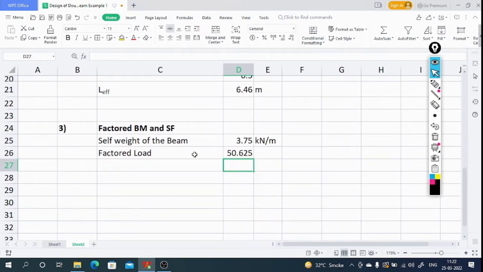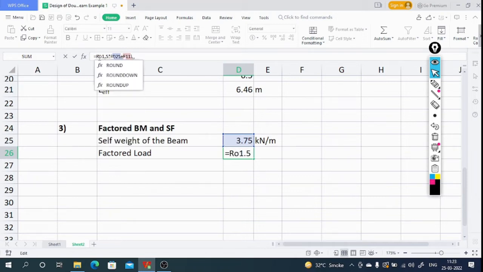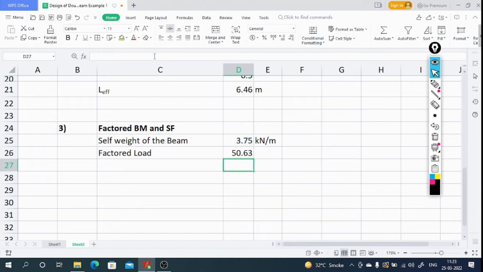You get the factored load or total load for which a beam shall be designed, 50.625, and you can round up this value to 2 digits if you want. I shall use the roundup function. Here comma 2, I want up to 2 digits. So I am getting the total factored load 50.63 kilonewton per meter.